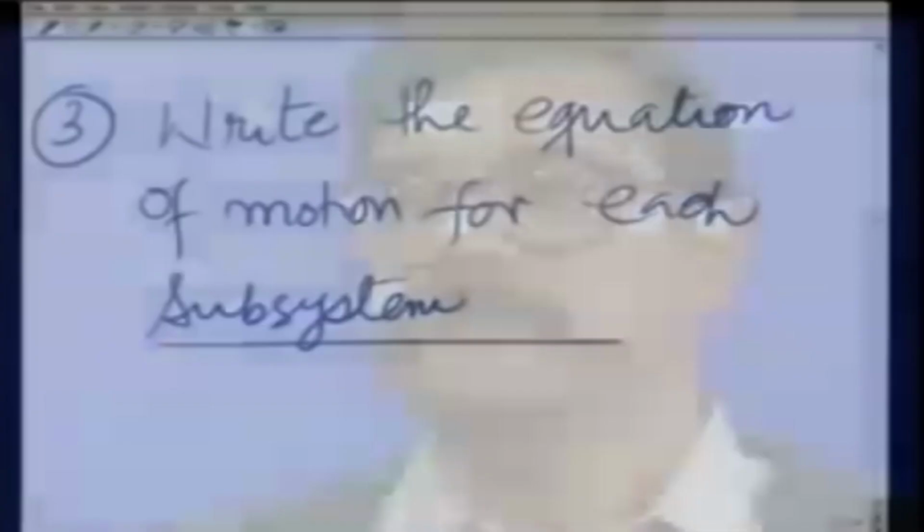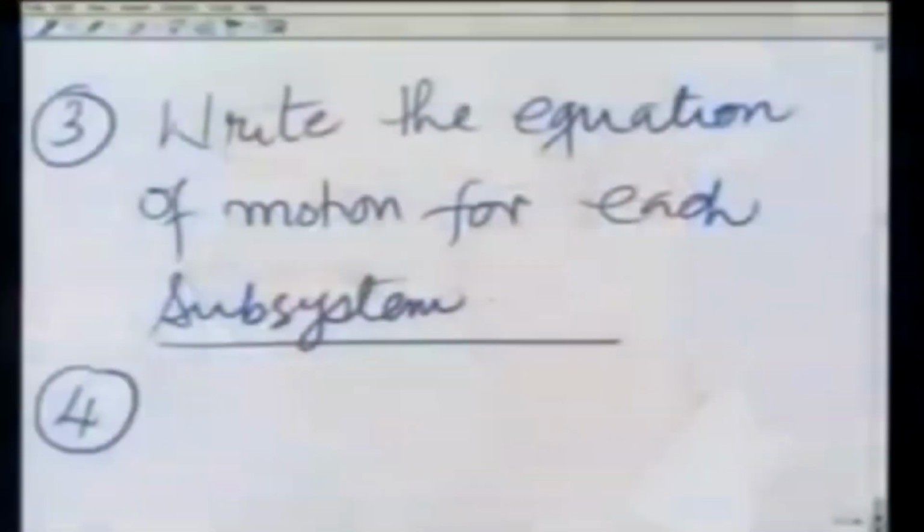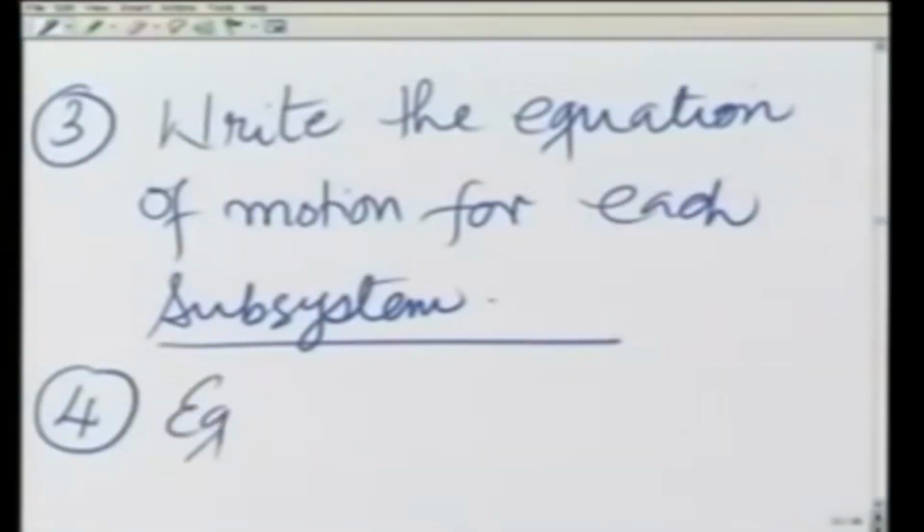At this stage, you will see that the number of variables in the problem is more than the number of equations that you have written, and therefore there are some missing equations, and these equations are going to be provided when you write the equations of constraint.